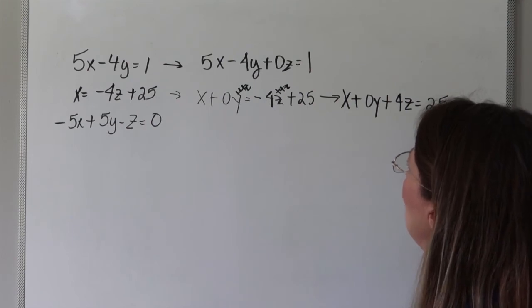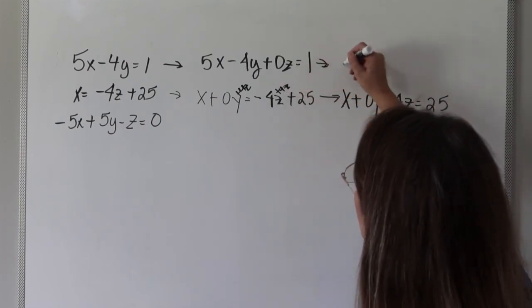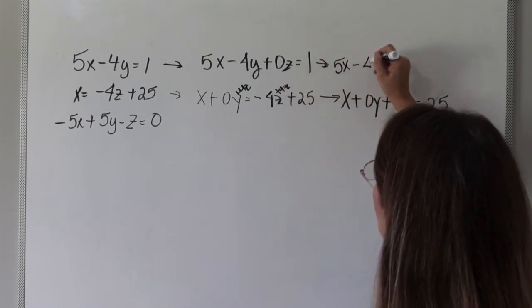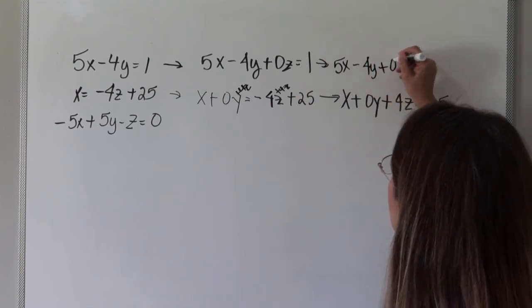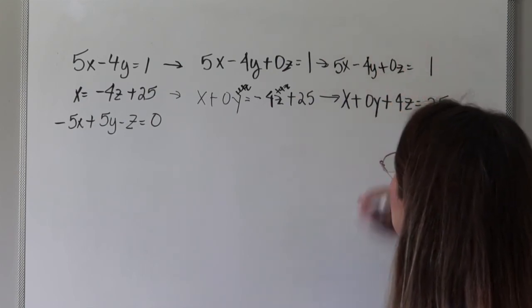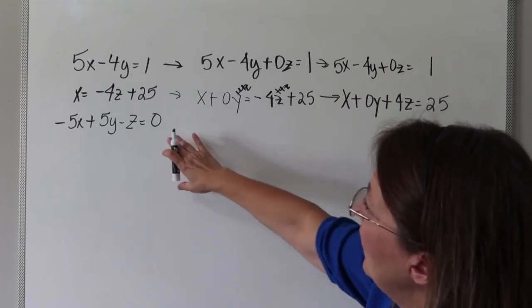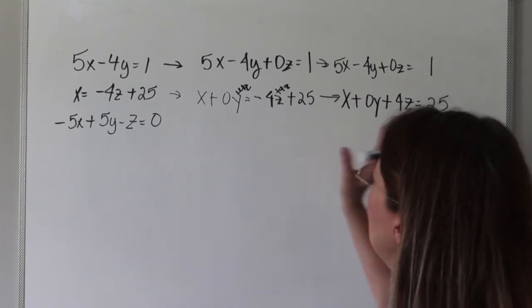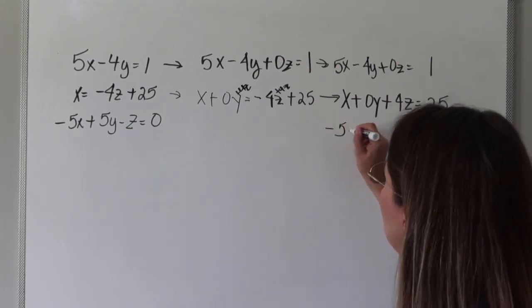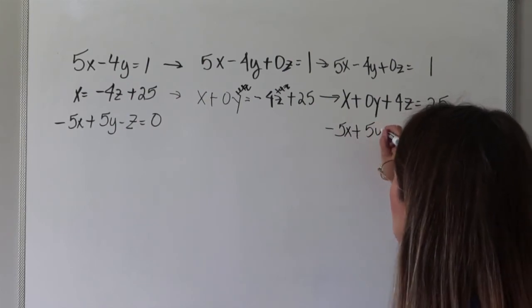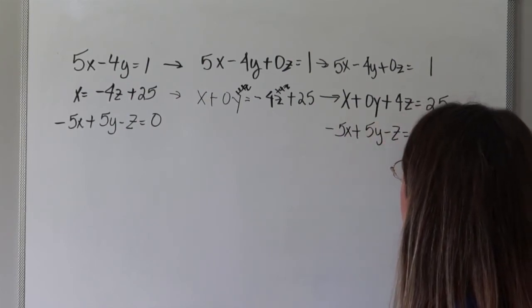Now I have standard form, and you can see if I moved this one over, my terms would line up. Your terms have to be in the same place in order to eliminate. Okay? And like I said, this one is already in perfect form, so it would line up just right.